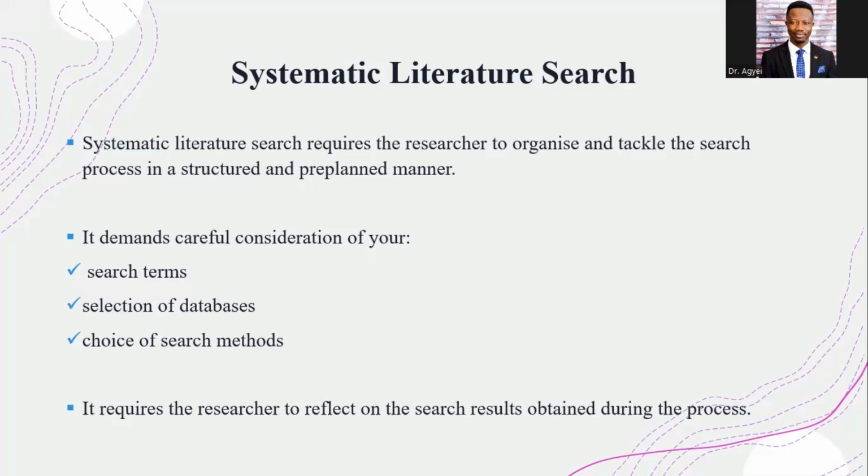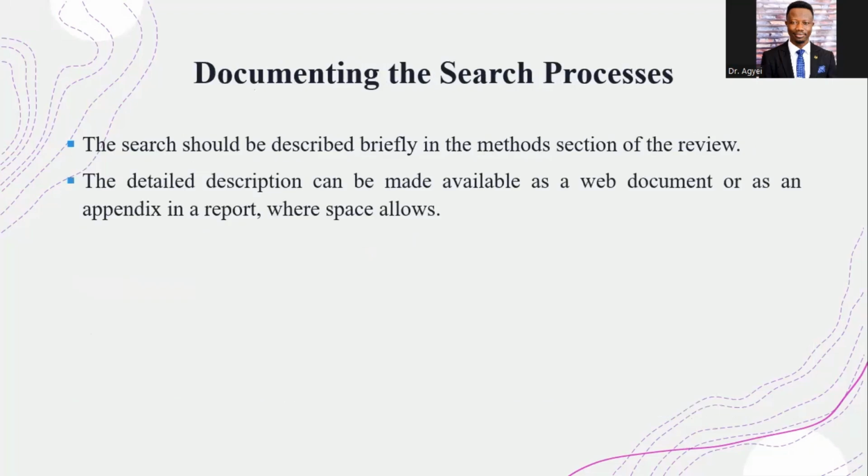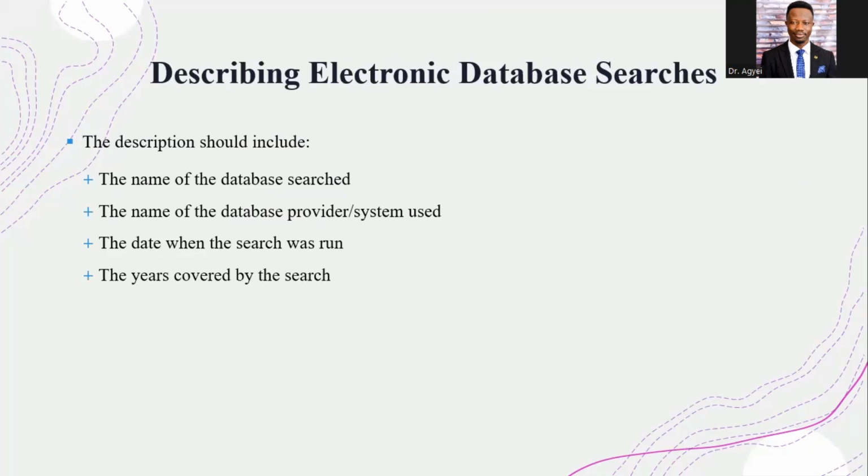So if your institution is one of those groups, then I'll walk through it as fast as possible. But some institutions don't do anything like that. So we look into the issue of documenting the search process. Some institutions may require you to document it. When you are meeting your supervisor, you need to show the processes and everything. So if your institution requires it, then this will be the basic thing that we need to do.